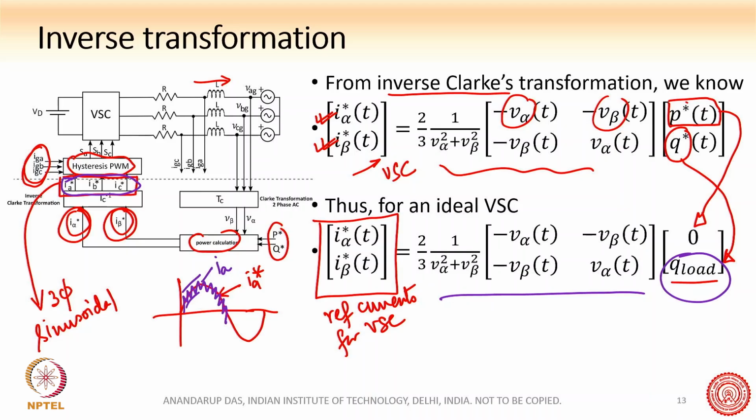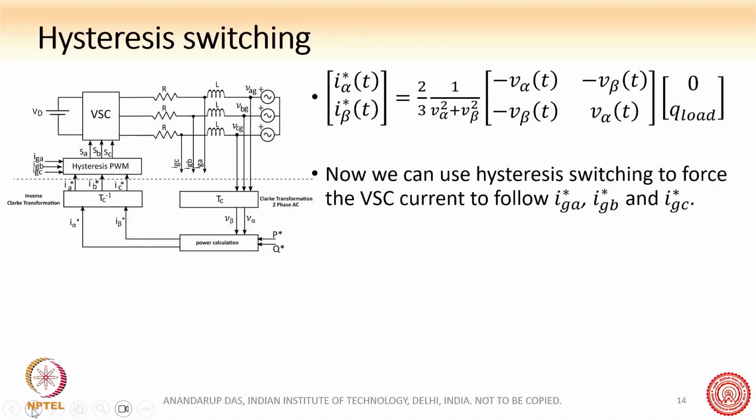So now we are integrating the hysteresis PWM switching strategy along with a closed loop control using Clark's transformation. This is also very frequently used, as I have shown here. This is I alpha star, I beta star, and we can use hysteresis switching to force the VSC current to follow the IG star. A star, B star, and C star.